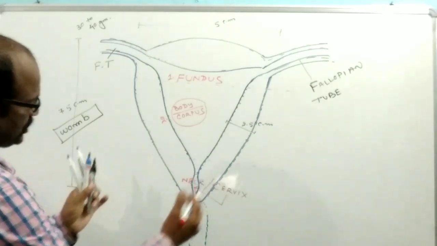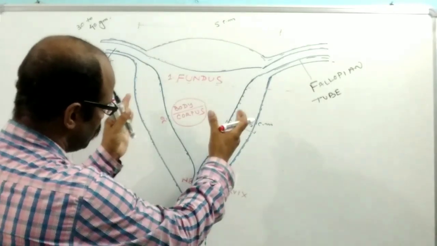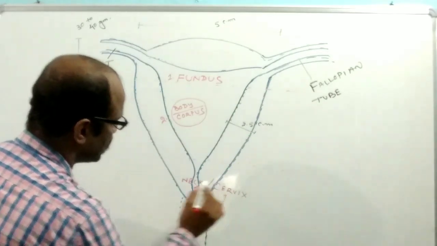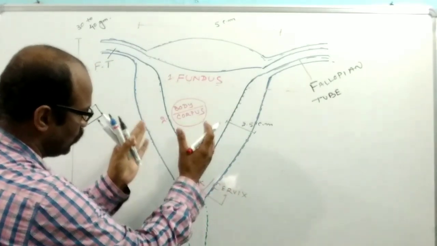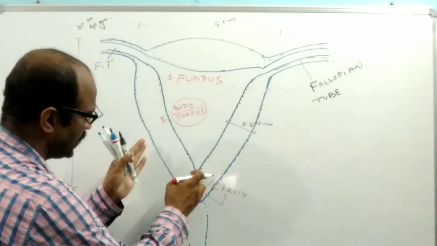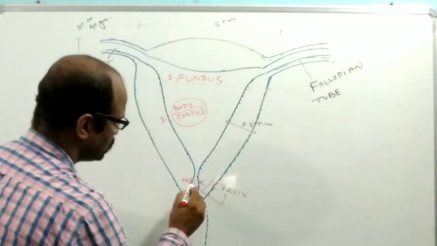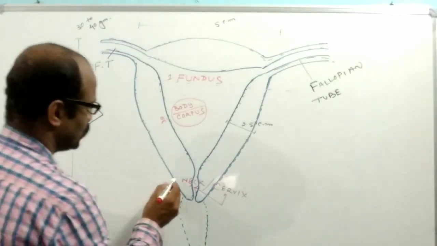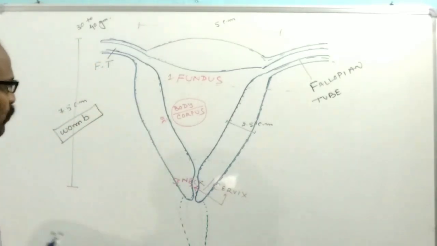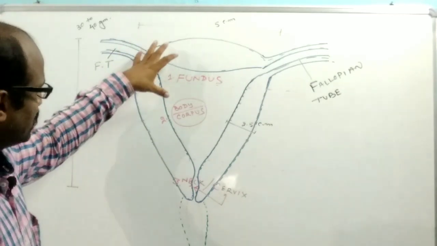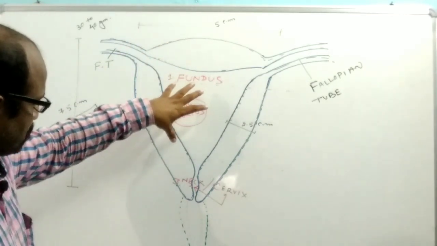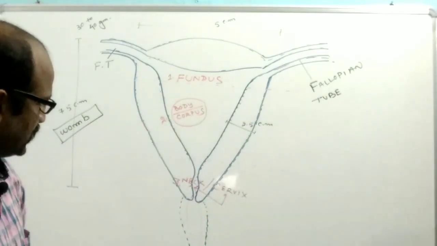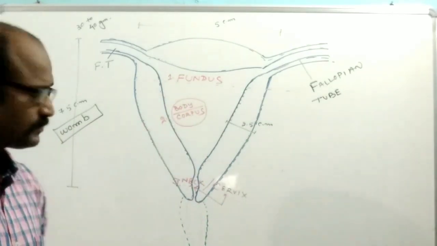And the lower portion, the lower angle, continues with the neck or the cervix. So there are three portions: the fundus, the body or corpus in the middle, and the cervix below.